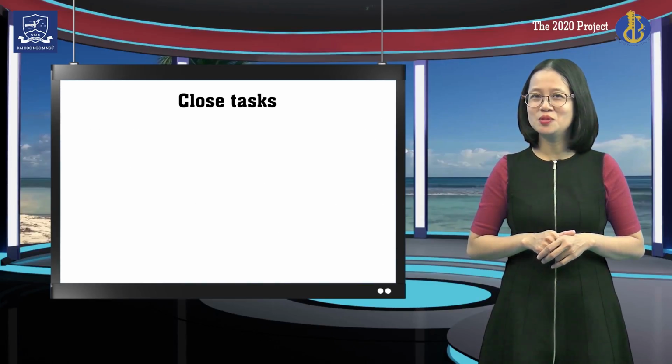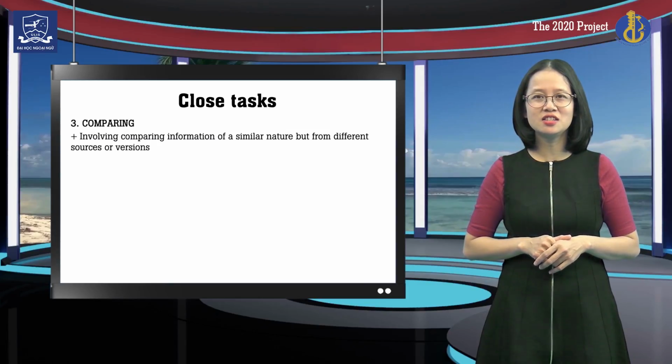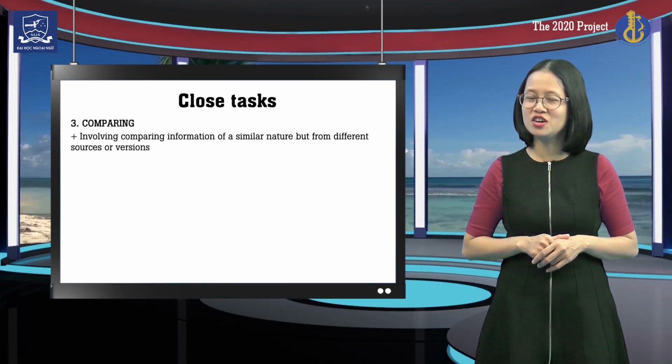The third type of task is comparing. Broadly, comparing tasks involve comparing information of a similar nature, but from different sources or versions, in order to identify common points and/or differences.